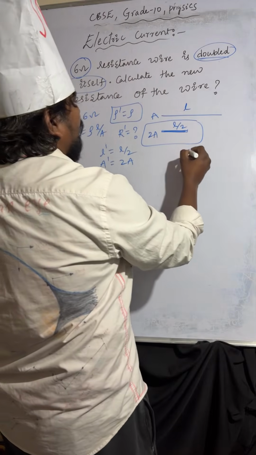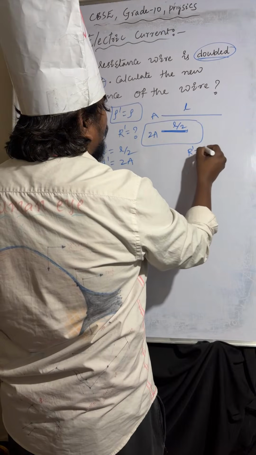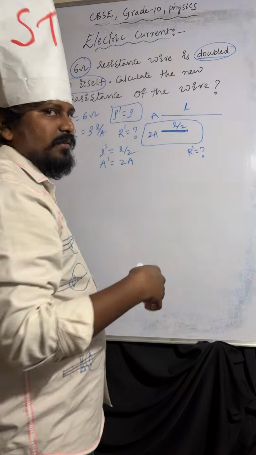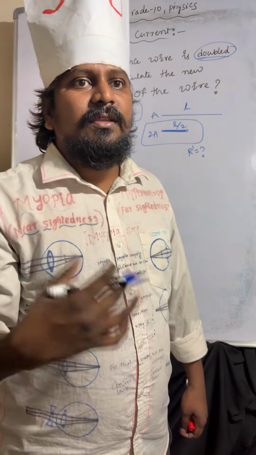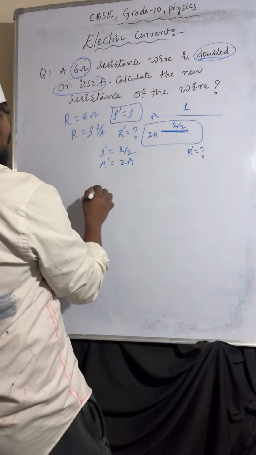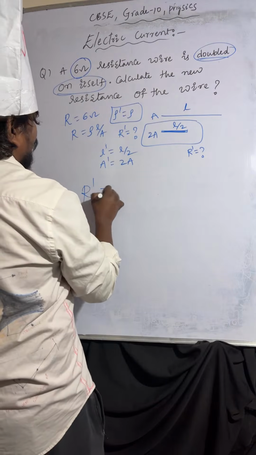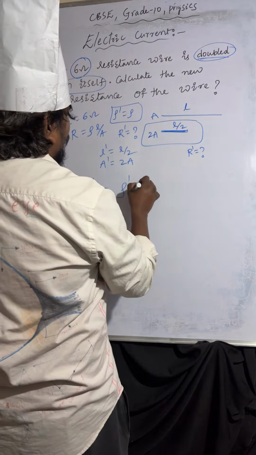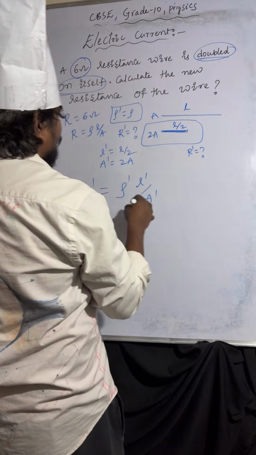So I want to find out R dash. Anyway, it is the same material, so the material is not changed. That's why rho is not changing, right? So now we can take R dash equal to rho into L dash by A dash, the new one.